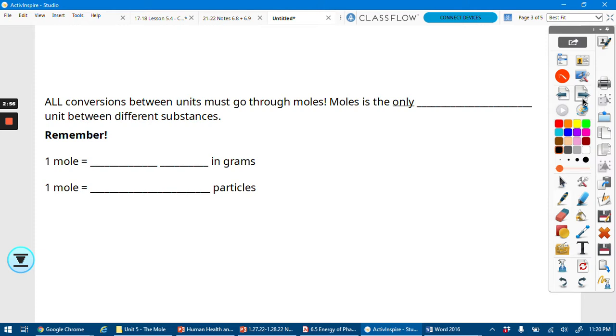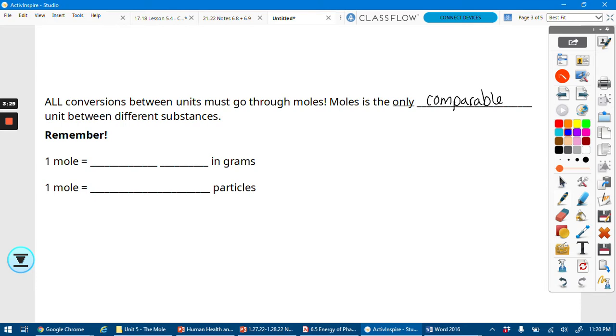So all conversions between units must go through the moles. Moles is the only comparable unit between different substances. Because we talked about that different substances have different molar mass, so we can't compare masses, but we can compare moles, because with moles we know that every mole has the same number of particles.